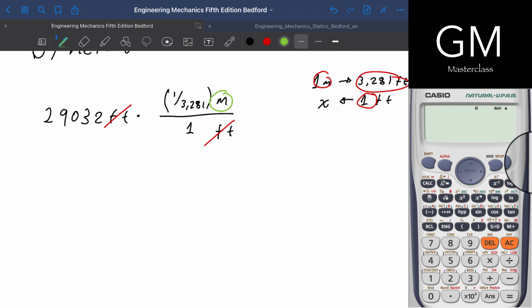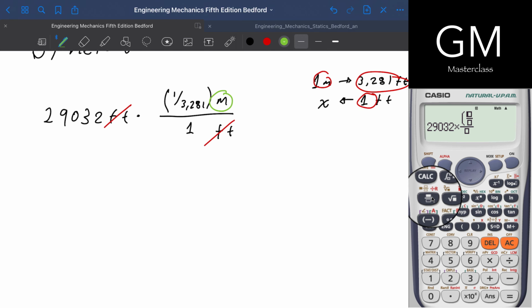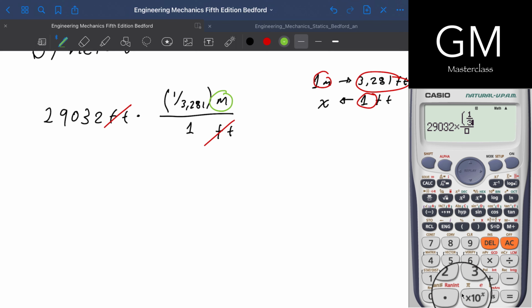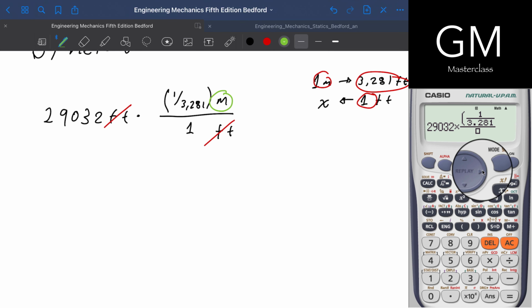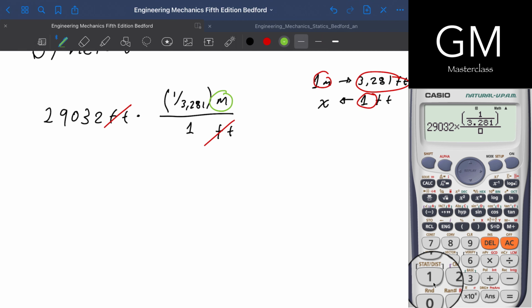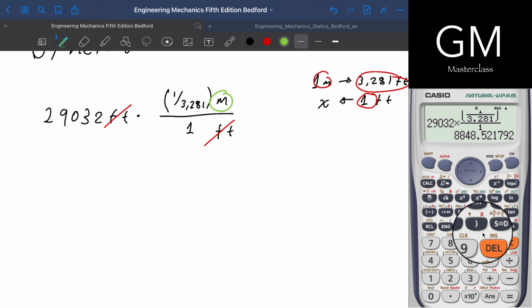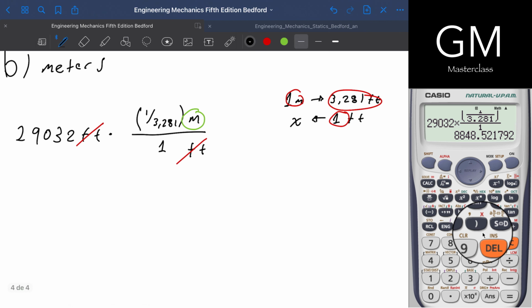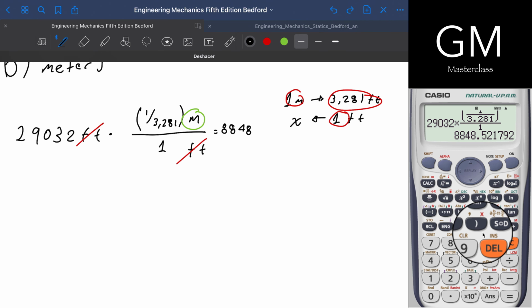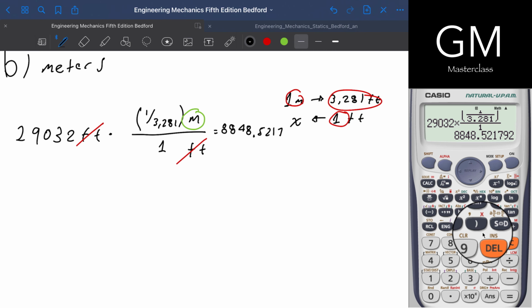So in the calculator, I'm going to write down 29,032 multiplied by 1 divided by 3.281, and 1. And the answer is 8,848.521792.